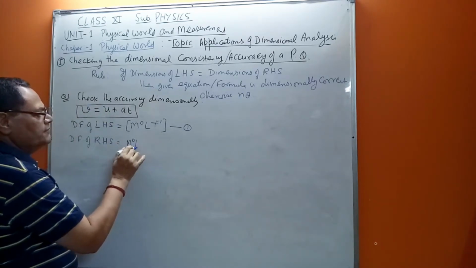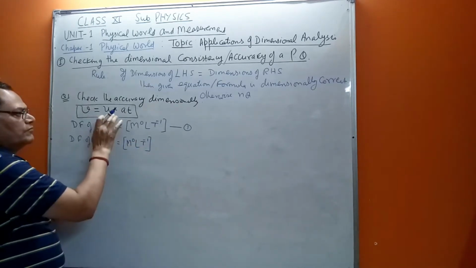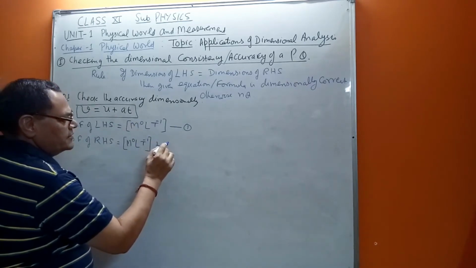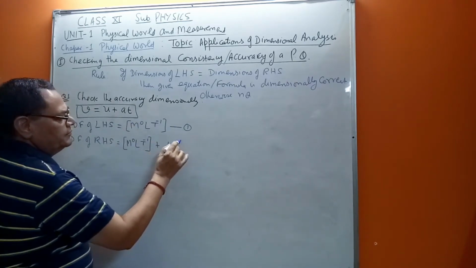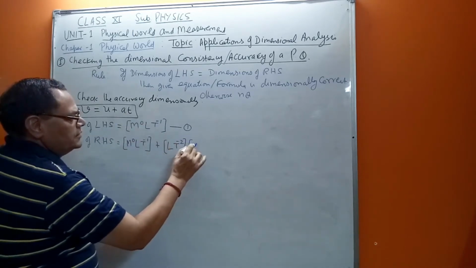That is M0 L T minus 1 plus A, acceleration was having L T minus 2, then T is only the time.